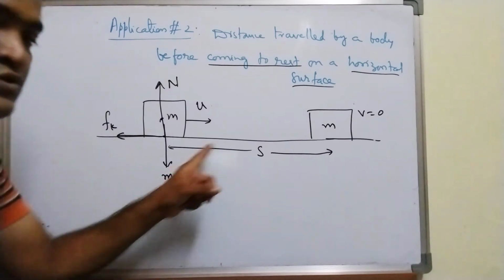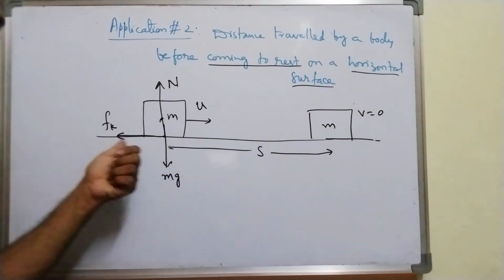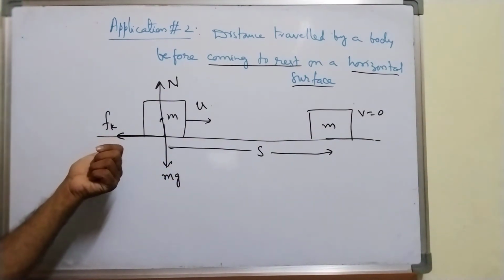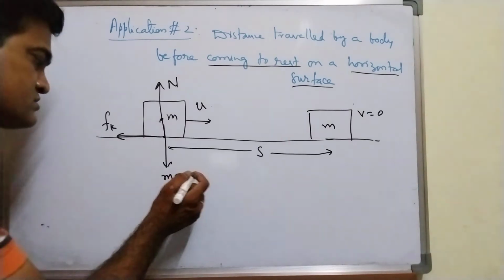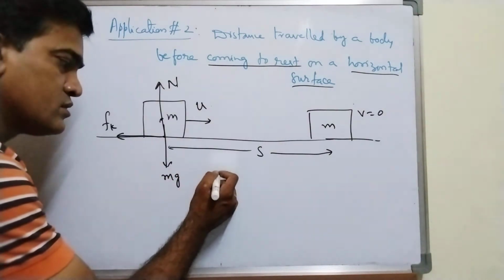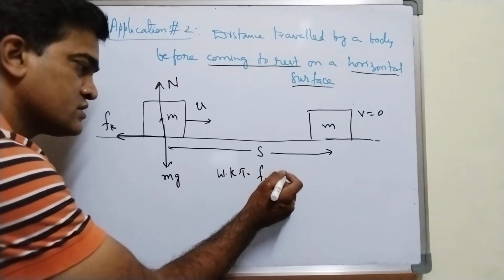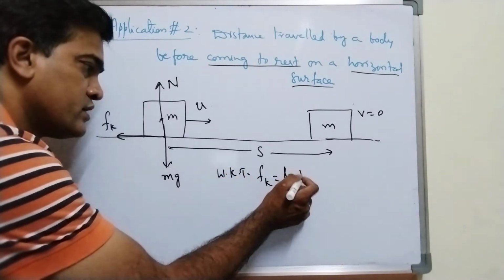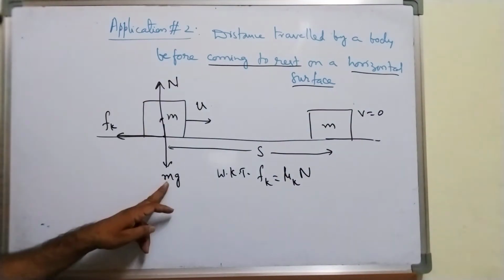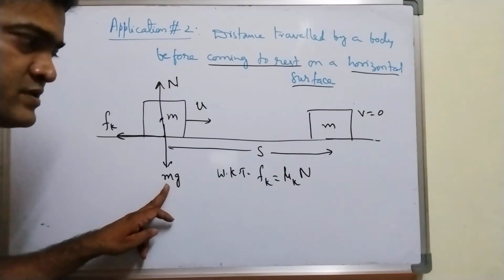So initial velocity is u, final velocity is v. Frictional force is the only force that is acting. As we know, frictional force is equal to mu k into N. But N is balanced by mg.